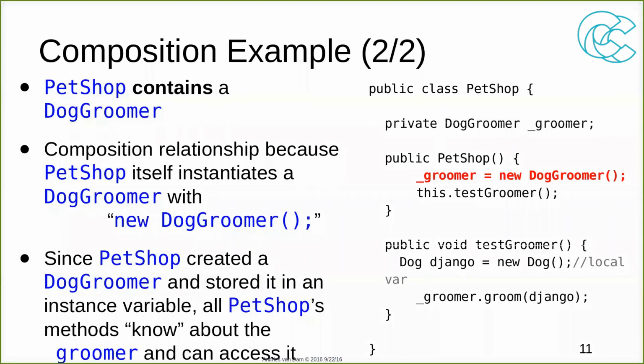So more than one class can be composed with the same other class, right? So there is a pet shop class that is composed of groomer, and then there's also, let's say, zoo, for example, and that is also composed of say dog groomer.